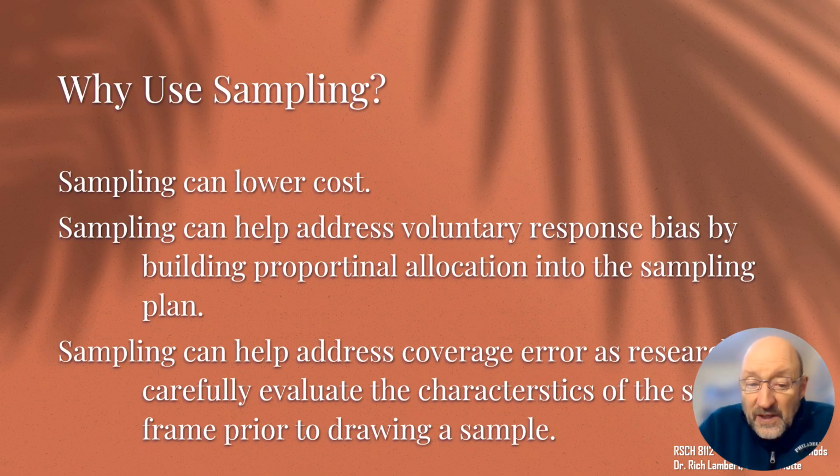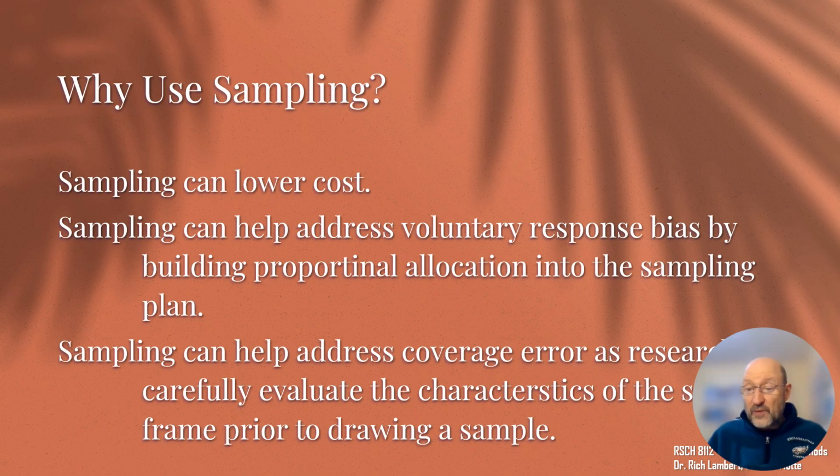And then furthermore, sampling can address coverage error issues when you are very intentional about analyzing the characteristics of your sampling frame and comparing those to the population characteristics prior to drawing your sample.